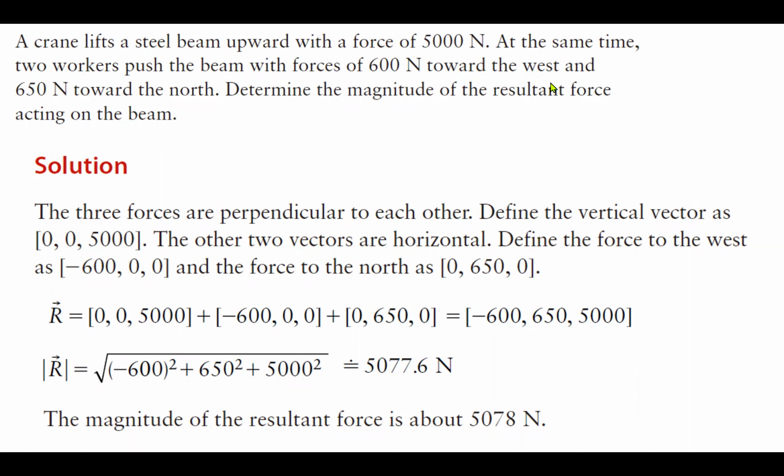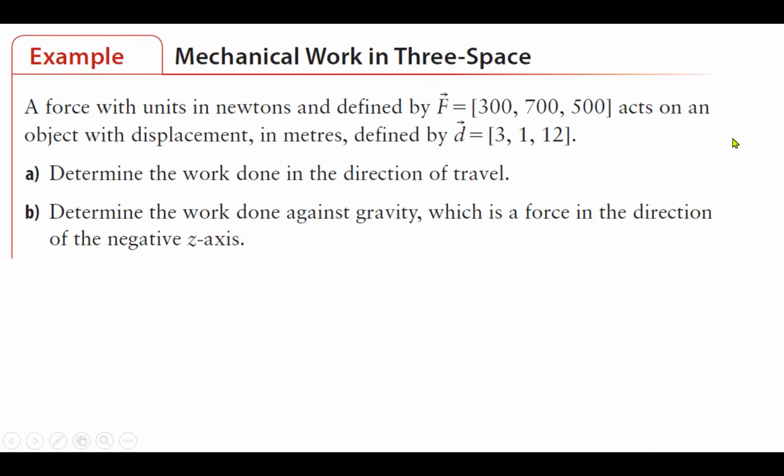Okay, if no questions, let's consider another example. Again, this is an application problem, involves vectors in 3 space. A force with units in newtons and defined by F = (300, 700, 500) acts on an object with displacement in meters defined by D = (3, 1, 12).